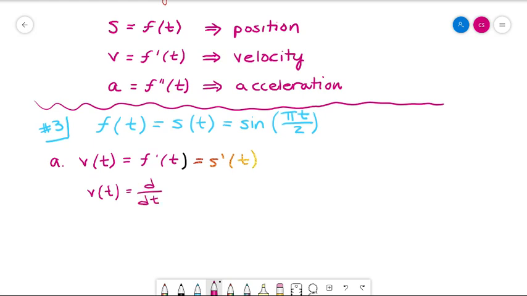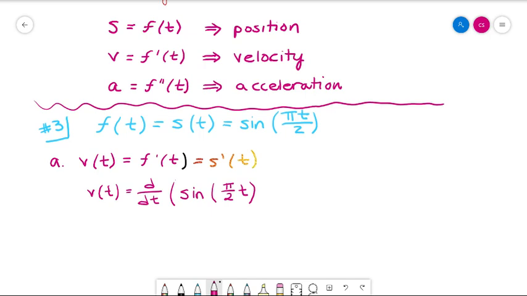That's what this is telling us to do. And it looks like we're going to have to use a chain rule because the outside function is sine and the inside function is pi t over 2. And if it helps, we can really separate the coefficient, the constant, from the variable t. Okay, so now we can clearly see what the coefficient is, pi over 2, and then the variable is just t.